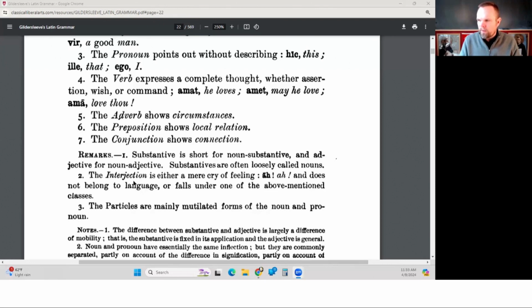And then lastly, point 7, the conjunction, and the word conjunction just means a joining together, a conjunction. The conjunction shows connection. Now, it's a little confusing to say that a conjunction shows connection, because that idea of connection might make it seem like two things go together, right? And pretty obvious that's what connection means.